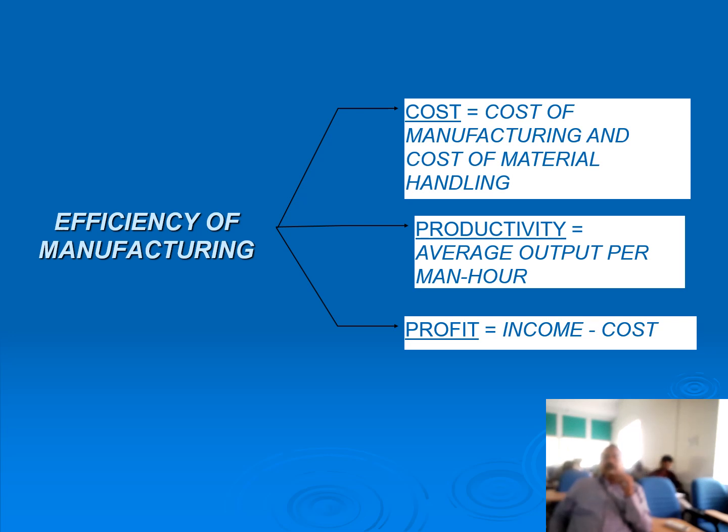For example, if 10 pieces of a particular product are manufactured in 1 hour, that is the productivity. And finally, the profit is the income we obtained minus the cost spent, including coolant oil, the electricity bill, the wages we give to the operator and so on.